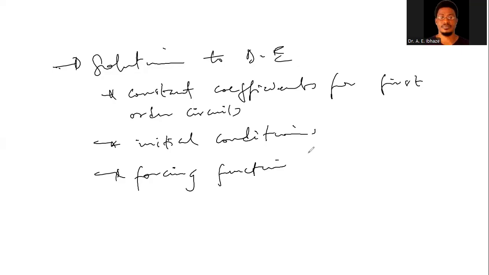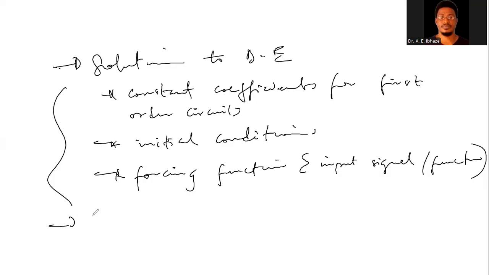So it means we have an input signal or function in the system. So there's something energizing the system. Then we could derive a generalized approach to solving such questions.